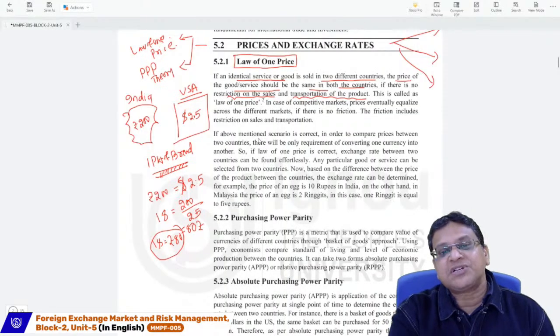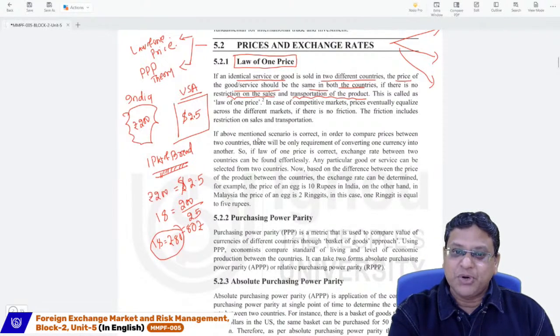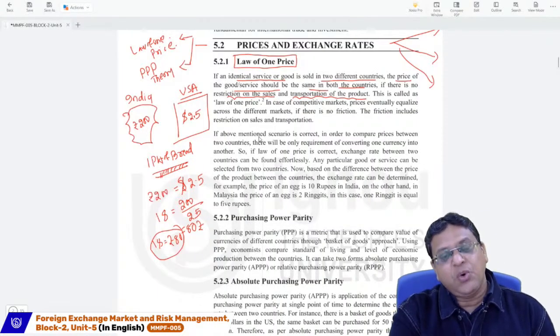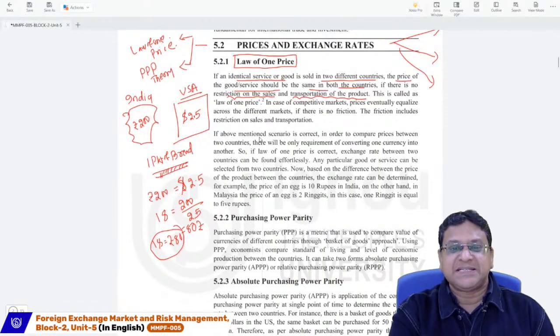If the price is not the same, people will buy in the low priced market and sell in the high priced market. They will purchase the commodity in the country where the price is low, transport it and sell it in the country where the price is high, and make some riskless profit.